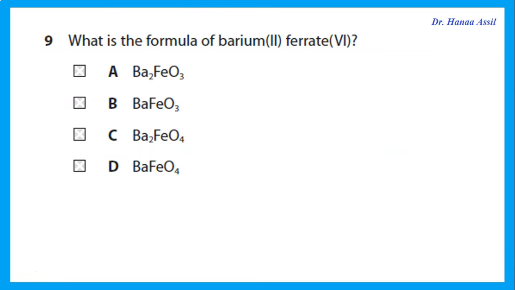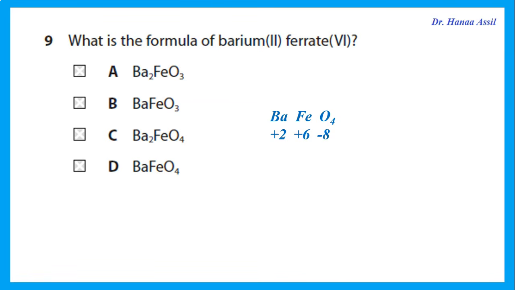What is the formula of barium ferrate 6? First of all, if we don't know what is ferrate, obviously from the choices it's Fe and oxygen. But the question is, is it FeO3 or FeO4? And what is the oxidation state for each one? Barium is in group 2, so barium has to be +2. The iron, he tells me that the iron is +6.